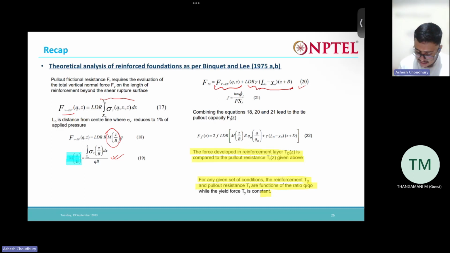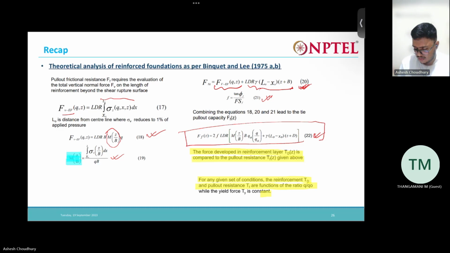Now if we combine equation 18 and these other equations, finally we can get equation 22, which is the important equation for the pull out force that is acting.